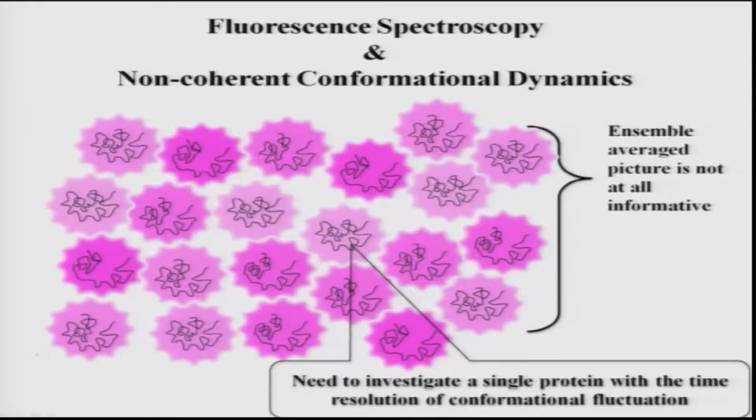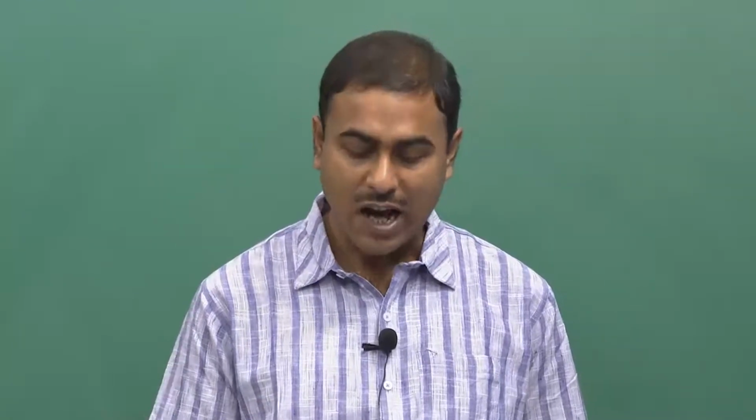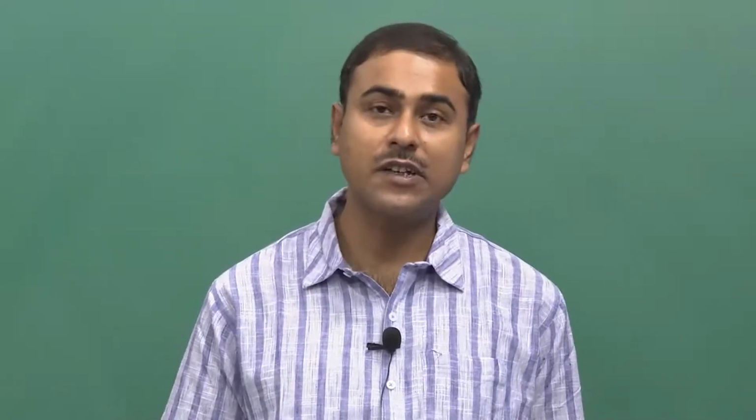Okay, so my aim is to see individual biomolecules, as I have shown here. So, we need to investigate a single protein biomolecule with time resolution of the conformational fluctuation, right. If I see only this one, then I will be able to tell how, with time, these biomolecules are fluctuating.